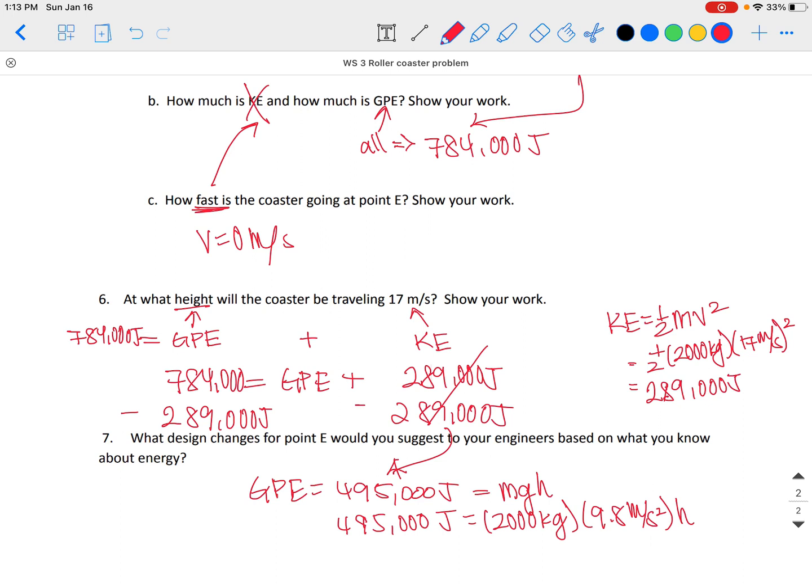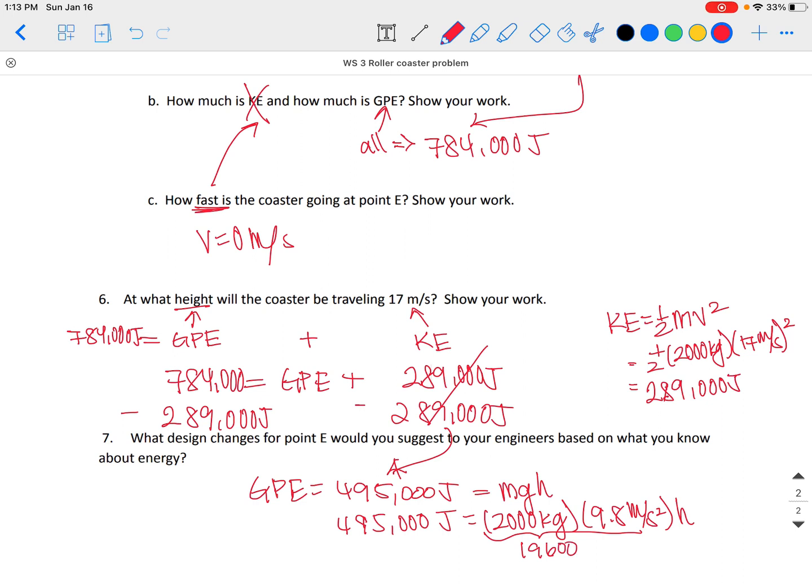If I multiply these two together, I end up with 19,600.